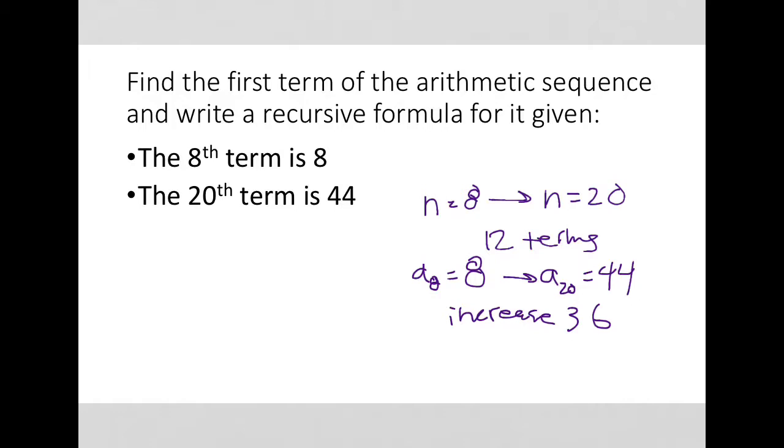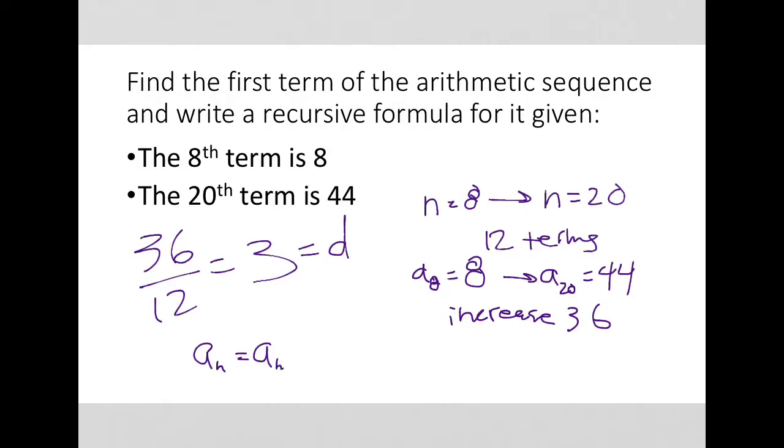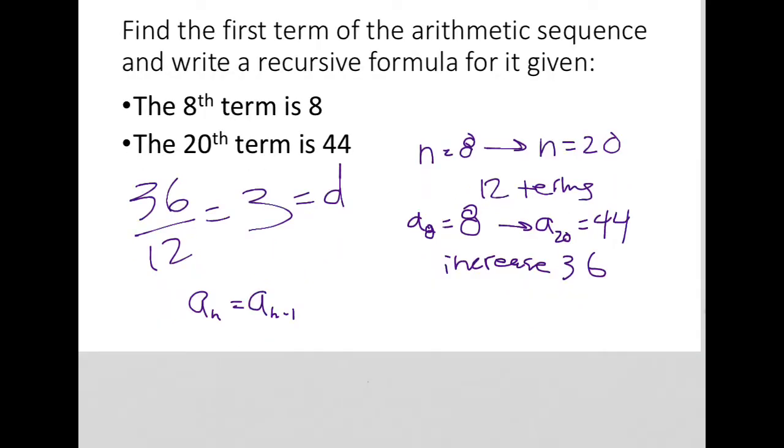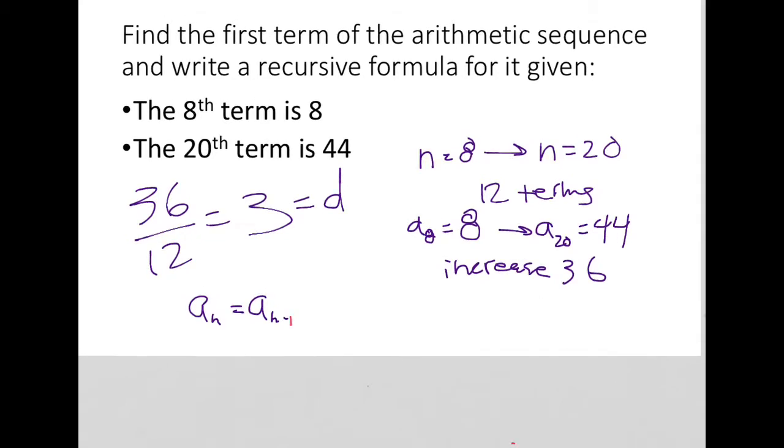So if 12 terms increase me 36, how much does each term increase me? Well, 36 divided by 12 is 3. And so 3 then has to be my common difference, d. So let's write a recursive formula. So we will say a sub n equals a sub n minus 1 plus our constant difference d.